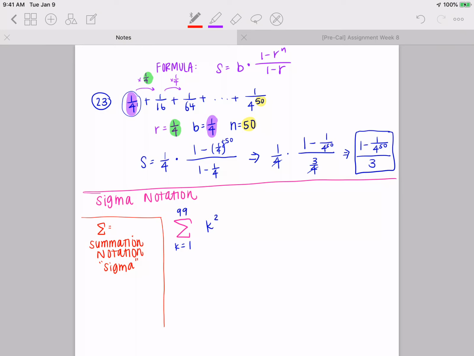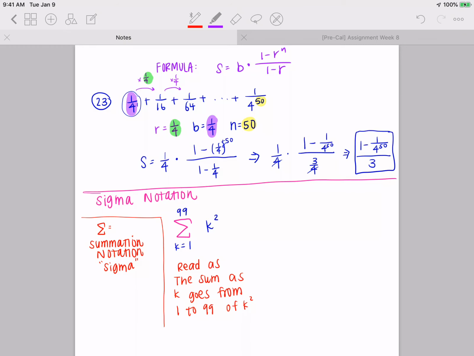In this case, with the sigma, the 1, the 99, and the k squared, this is read as the sum as k goes from 1 to 99 of k squared.